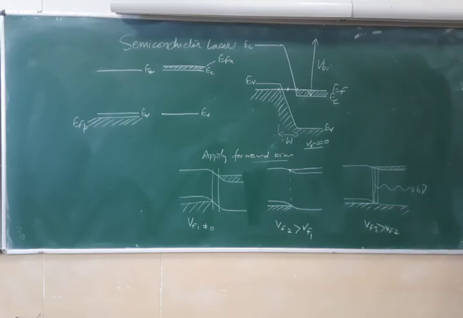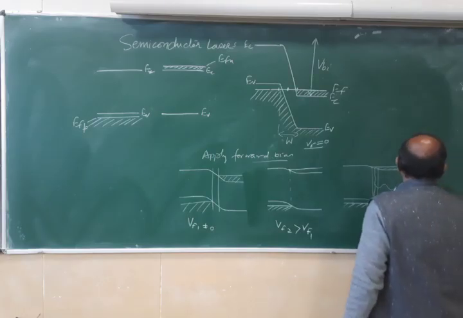This is called the threshold position, the starting position. At this position, the process starts where some emission takes place. So in the LED, we get this light emitted. Light emitting diode, LED, you are very much aware of. In an LED we get this light emitted due to this overlap, and this is initially spontaneous emission.